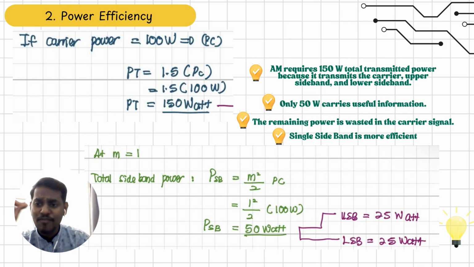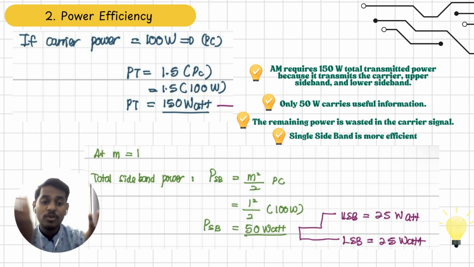This is where we can explain why it is inefficient. Just imagine, the carrier uses 100 watts, but it does not carry any information. Only the two sidebands carry the voice or any message signal that we send. That means out of 150 watts, only 50 watts is actually used to transmit useful information.